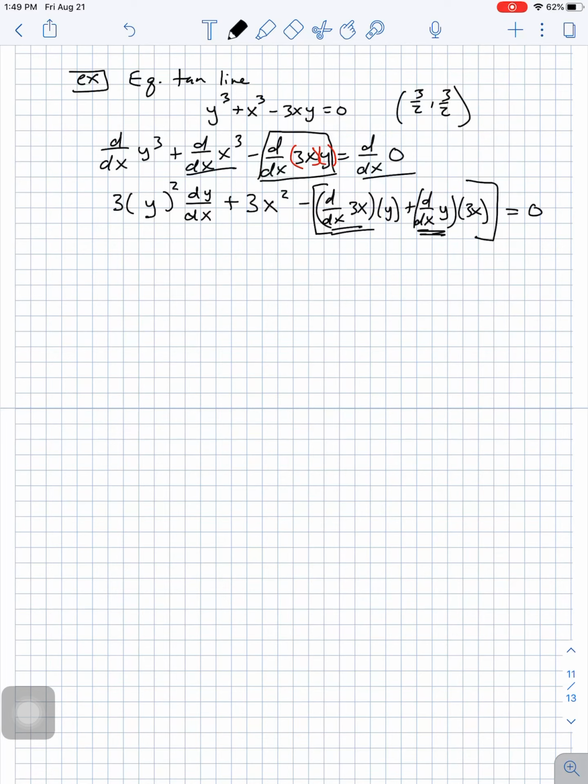So let's take a look at these two derivatives. I'm going to recopy everything else. Okay, now derivative of 3x is just 3. And the derivative of y is dy dx. Okay, my subtraction sign can distribute through.